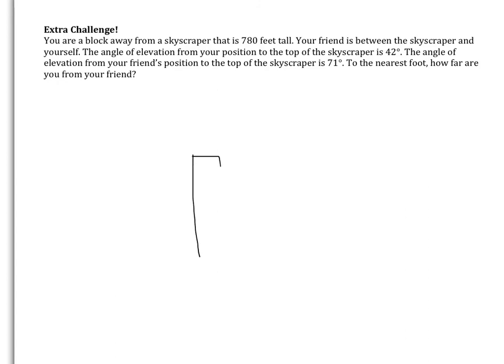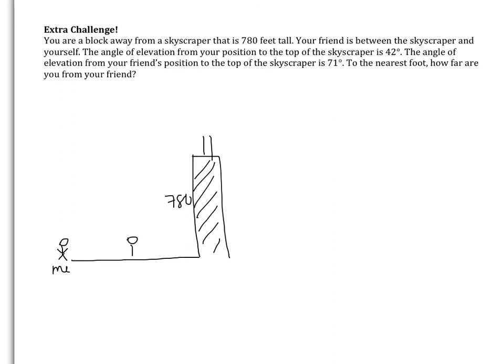So you've got this big skyscraper that is 780 feet tall, and you are 1 block away. Your friend is between the skyscraper and yourself. So this is your friend.